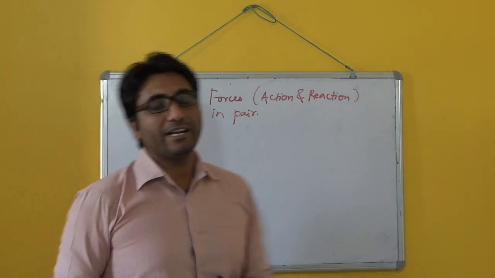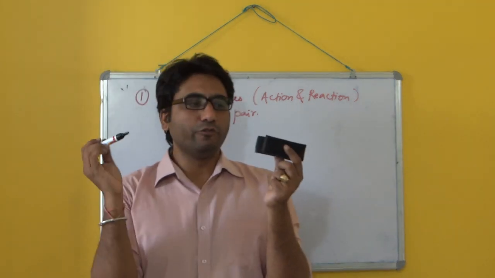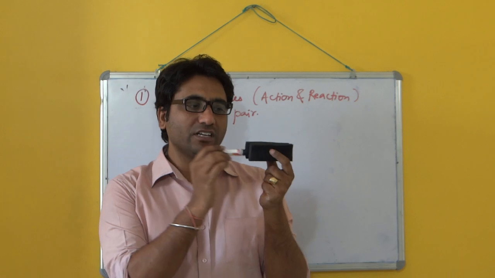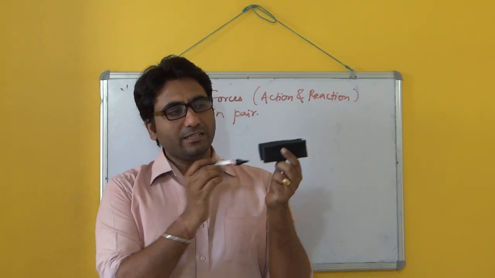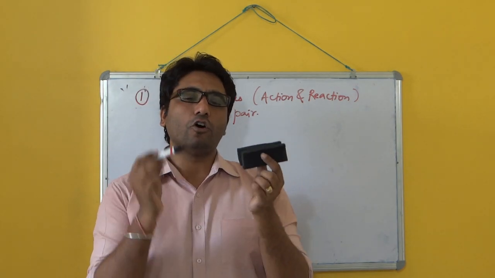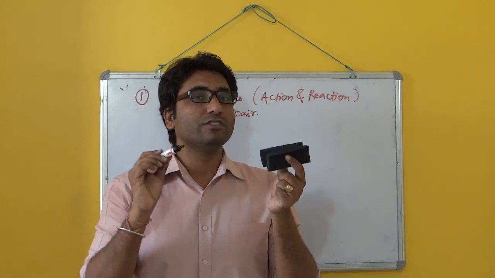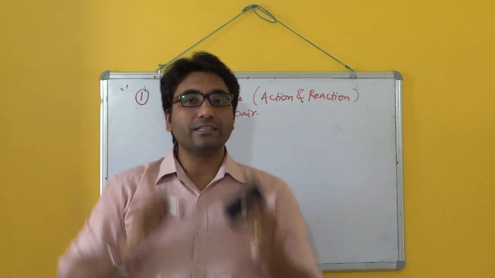What does that mean? That means that if I am applying a force with this marker on the duster, then the duster will also apply a force on the marker and both the forces will exist together.